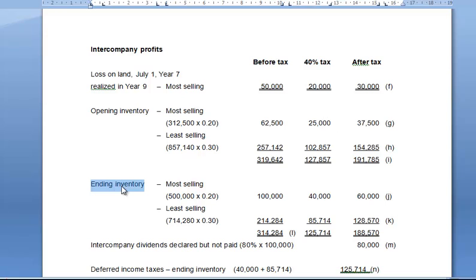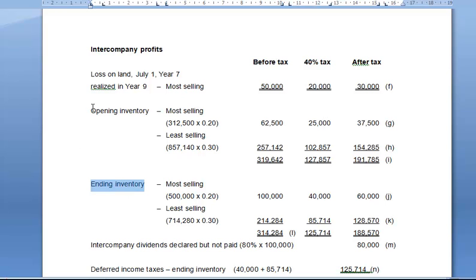That's looking at any ending inventory that's left that was sold intercompany by most to least or least to most, doesn't matter, but because it hasn't been sold outside to third parties, then any profit that's sitting in that ending inventory has to be removed. So therefore, let's look at these separately.